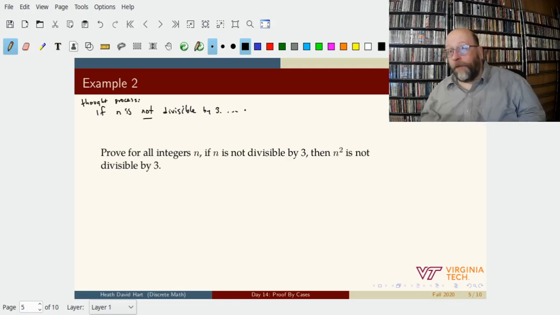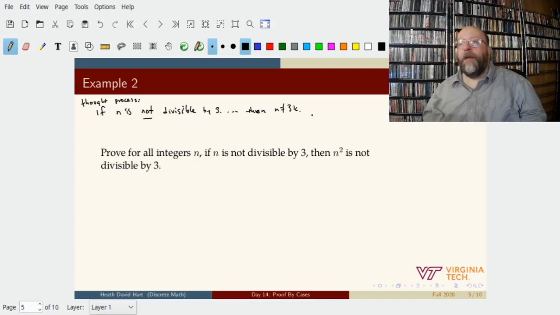If n is not divisible by 3, then n doesn't equal 3k. That means that when I divide, 3 goes into n, and there's going to be some number left over, and that remainder has to be either a 1 or a 2. And so n will be 3k plus 1, or n will be 3k plus 2.